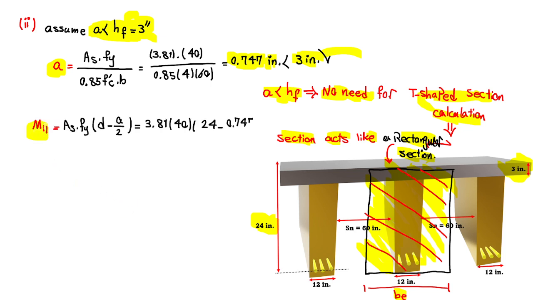So Mn is area of steel times fy times the arm, d minus a over 2, like a normal rectangular cross section, and it just gives us Mn equal to 3601 kip-inches. Converted to feet, it gives you almost 300 kip-feet.